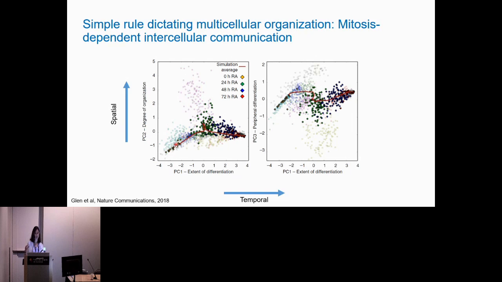And so what he was able to show with his simulation averages, of course, these had a lot of variance because it's a stochastic type model. But what he could see is that it was really nicely following this experimental trajectory through the latent space.